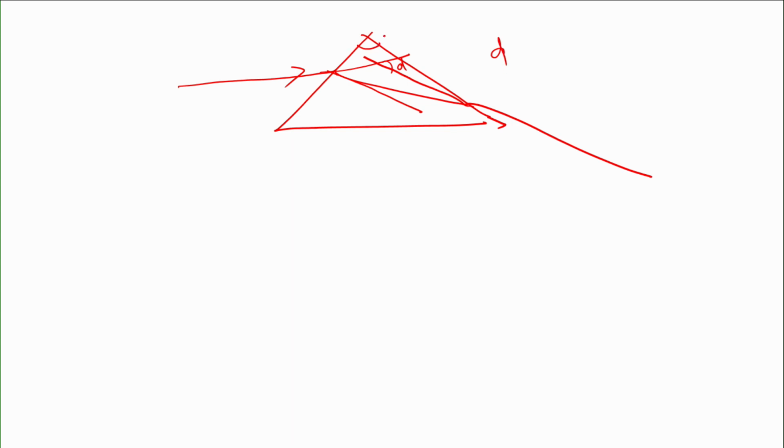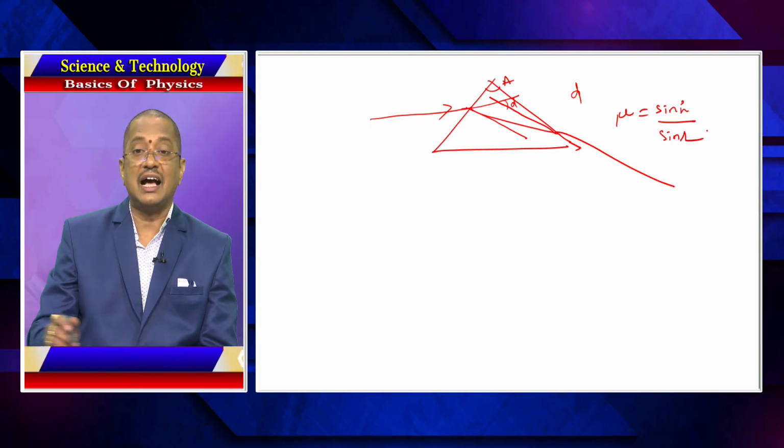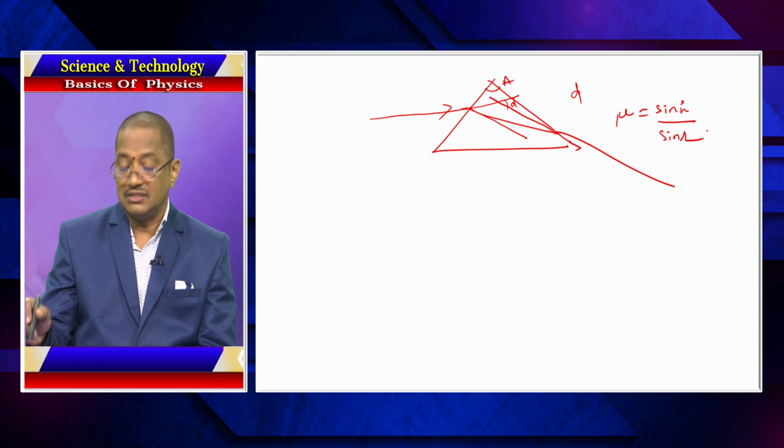This is the angle of prism, and this is the angle of deviation. Here there is Snell's law: mu is equal to sin i by sin r. This is called Snell's law. Here i is the angle of incidence and r is the angle of refraction.